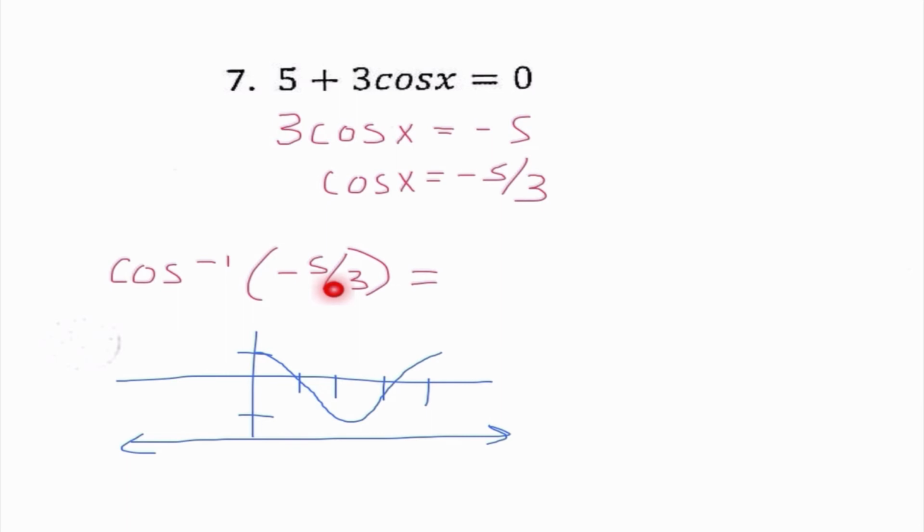So the denominator will always be bigger, which puts it between 1 and negative 1. So our answer here is actually going to be no solution, because there are no solutions for this particular equation, because there does not exist an angle where cosine can be negative 5/3.